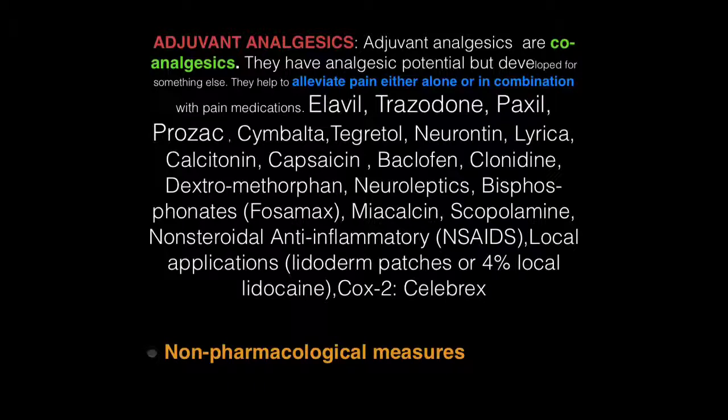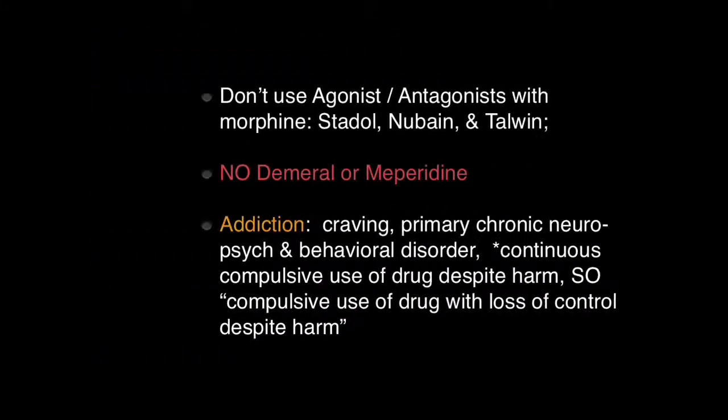The medicines which are co-analgesics are Elavil, Trazodone, Paxil, Prozac, Cymbalta, Tegretol, Neurontin, Lyrica, calcitonin, capsaicin, baclofen, clonidine, dextromethorphan, neuroleptics, bisphosphonates, Miacalcin, scopolamine, non-steroidal anti-inflammatory, and other local applications such as lidocaine, Voltaren gel, etc., and COX-2 inhibitor, that is Celebrex. Non-pharmacological measures are important as well. Do not forget them. Use all of them in combination to reduce the pain.